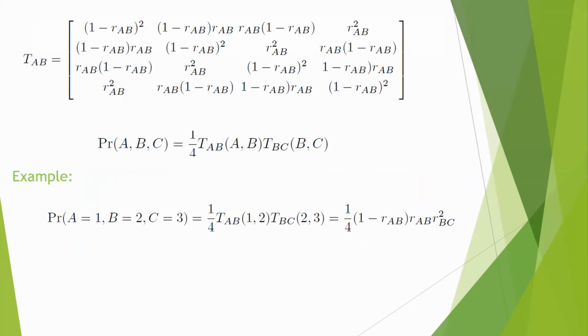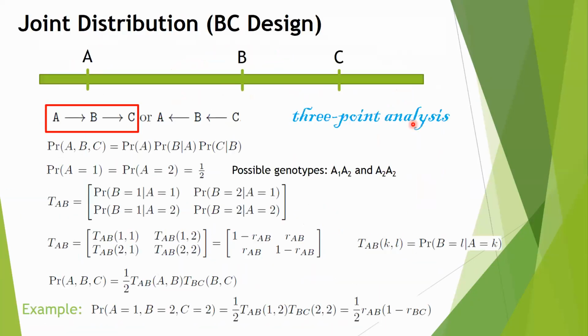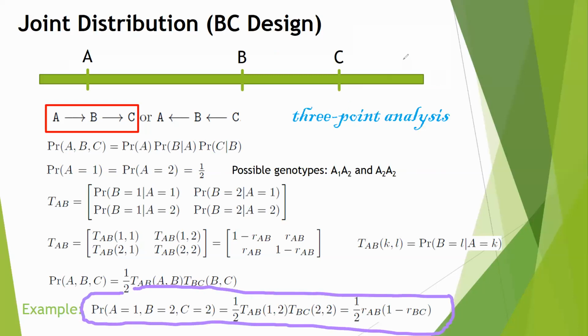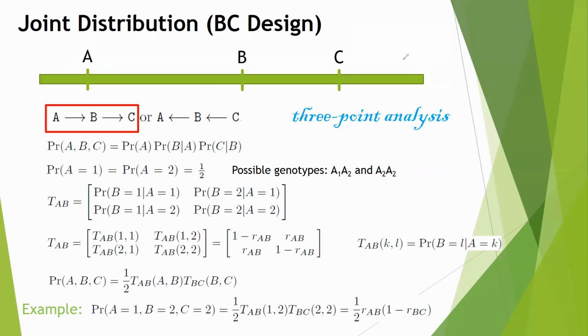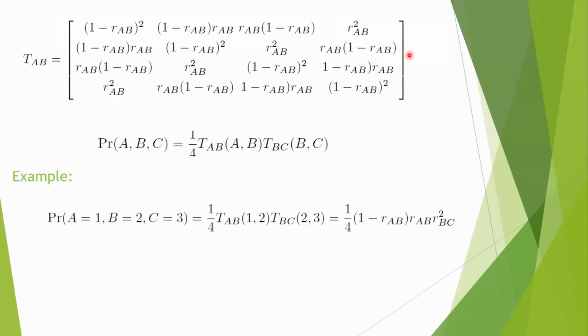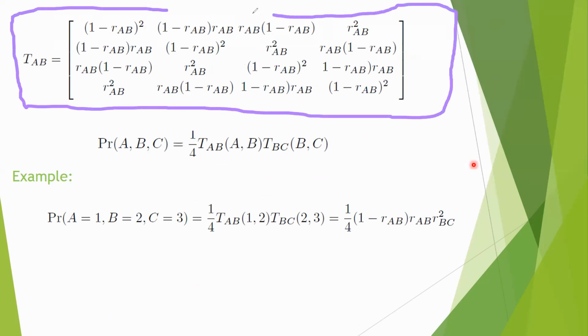Now, if you are comfortable with the example I showed you here, then it should be no problem for you to solve the problem when we have an F2 design. So suppose you can construct this transition matrix between A and B for this F2 design.